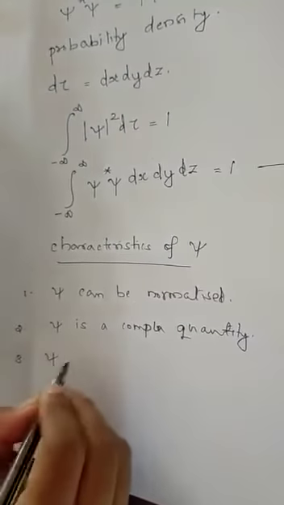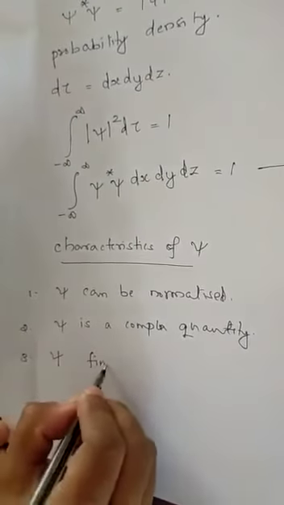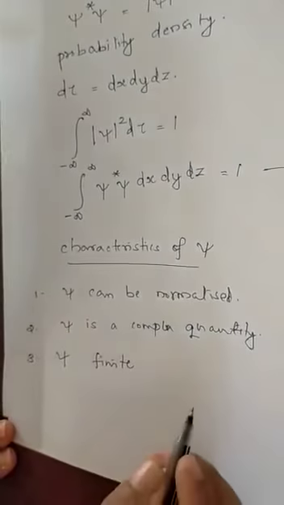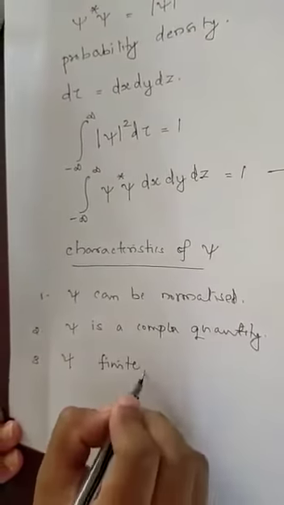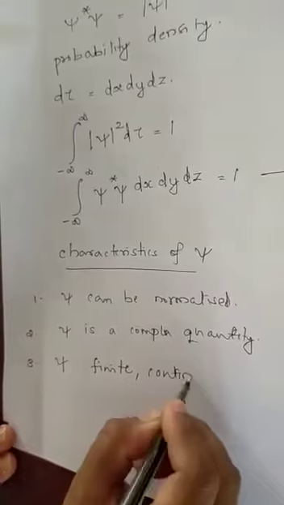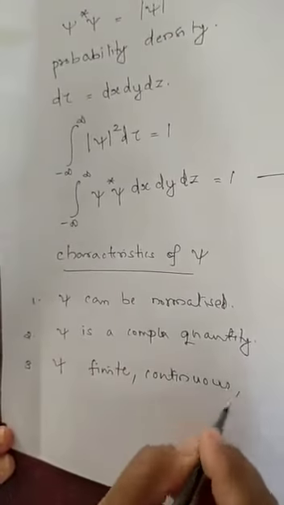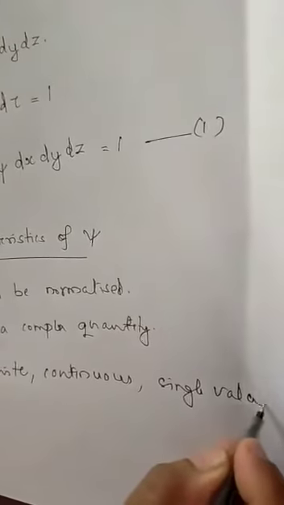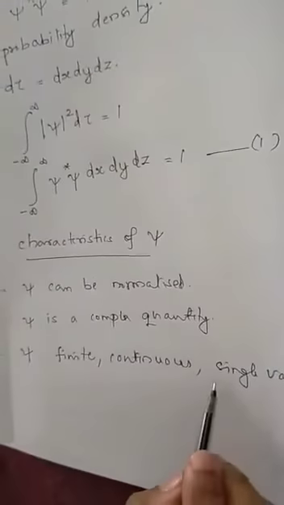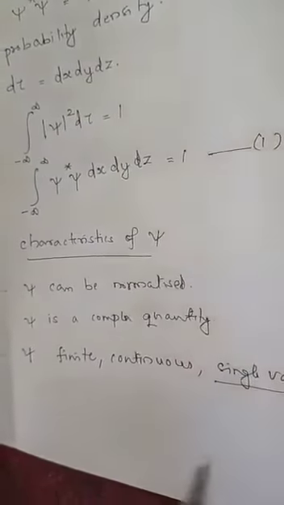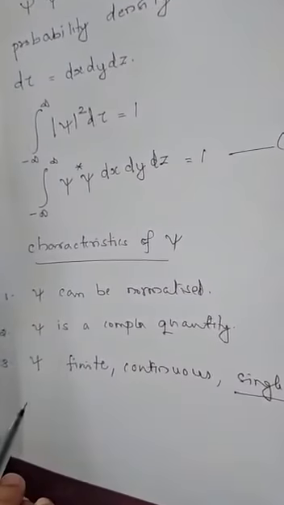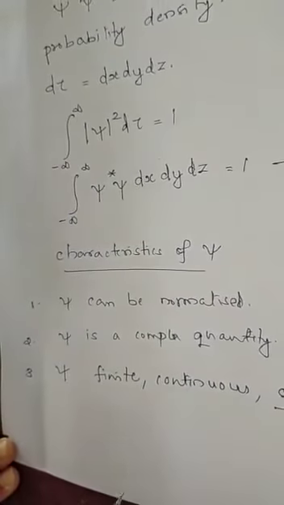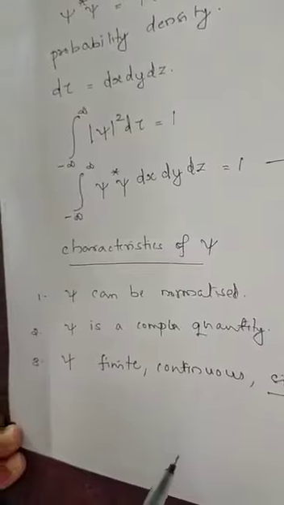The third one is that psi must be finite, psi must be continuous and single valued. Psi must be single valued because psi is a probability, so it takes either 0 or 1.